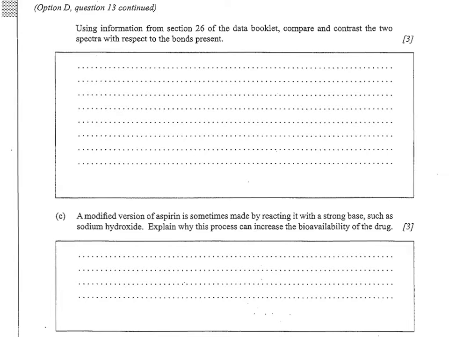So what you should have noticed is only the salicylic acid has a peak at around 3200, which would equal its extra OH group. That would correspond to that frequency.